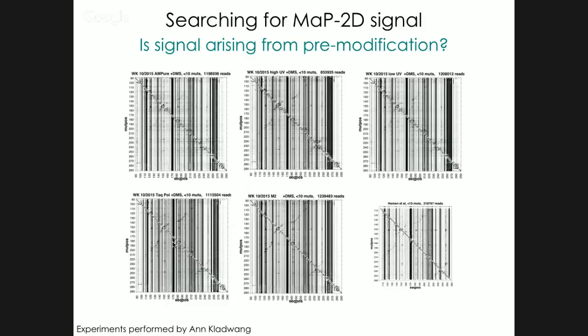We also tried using error-prone PCR to generate mutations in the DNA template before we even transcribe the RNA, which could potentially generate a mutation library that would then allow for more two-dimensional signal.